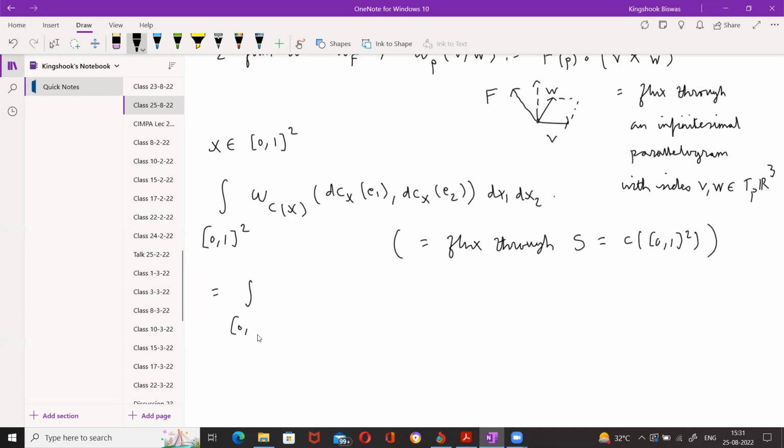If you recall the definition of pullback, this is c star omega at the point x applied to e1, e2, dx1 dx2.